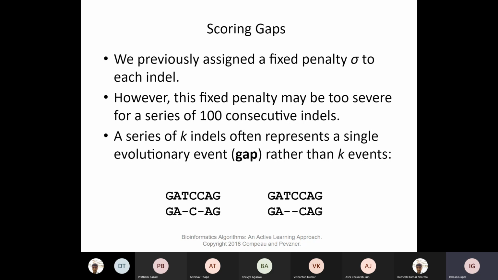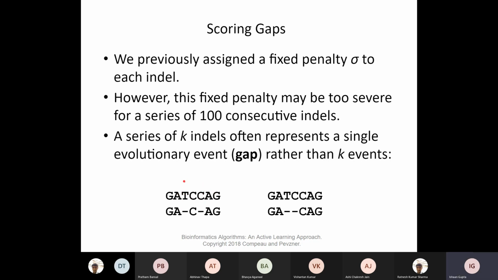So whenever you have an insertion or deletion, and you already have an insertion or deletion, that should now be penalized not as much as starting a new insertion or deletion. So what do I mean by that? For example, if you have these two cases, in the first case you have two gaps which are opened, which means that, biologically speaking, there are two independent events happening here, right?